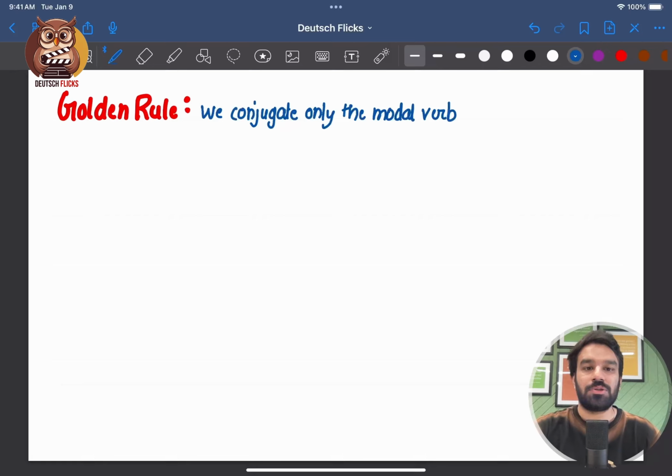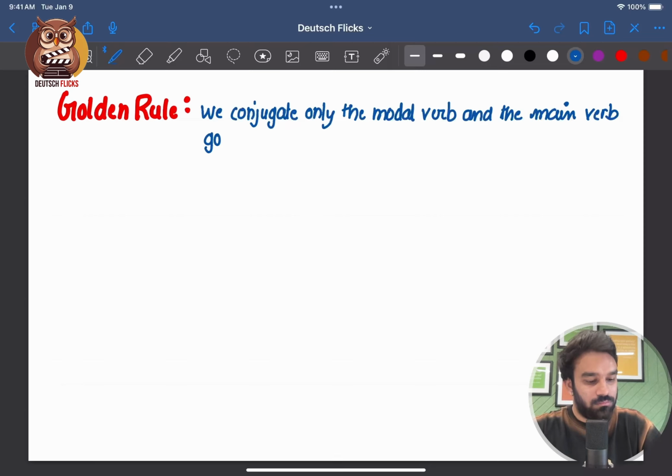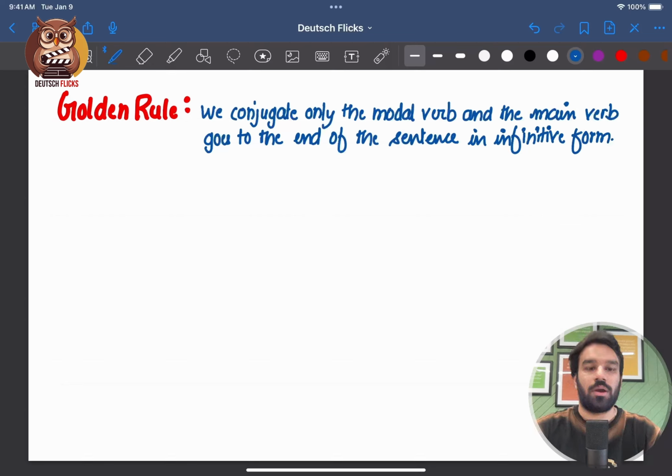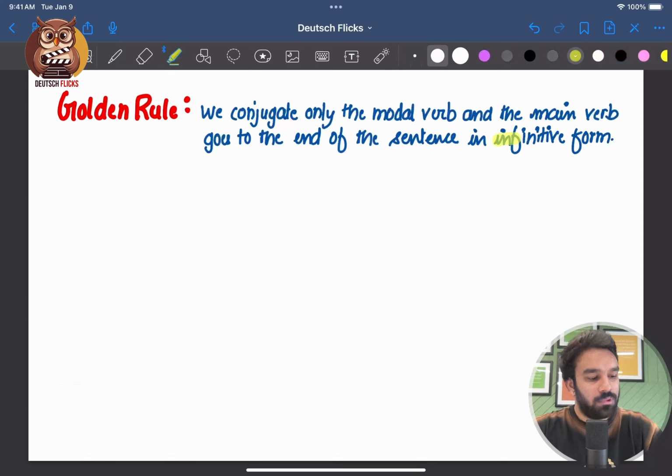What will happen to the main verb? We will not conjugate it, but if we talk about its position, we will throw our main verb at the end of the sentence. Okay, what is infinitive form?